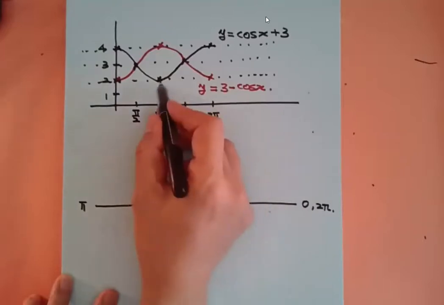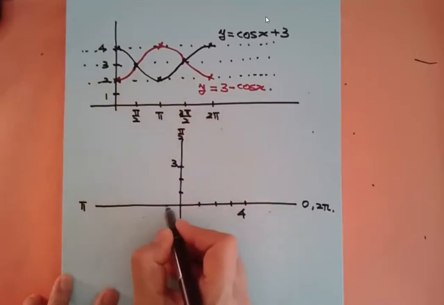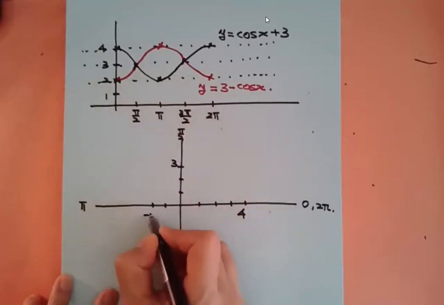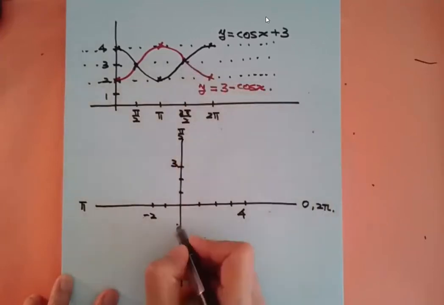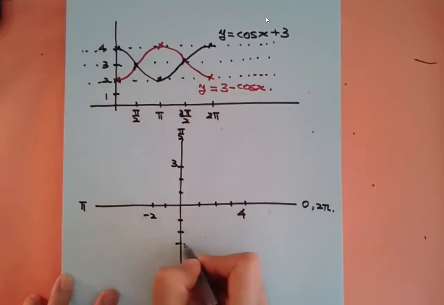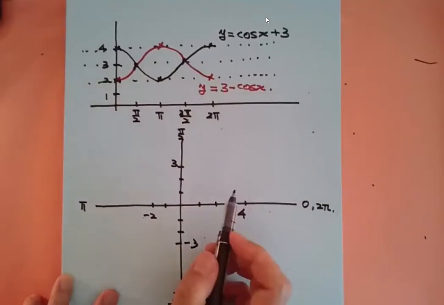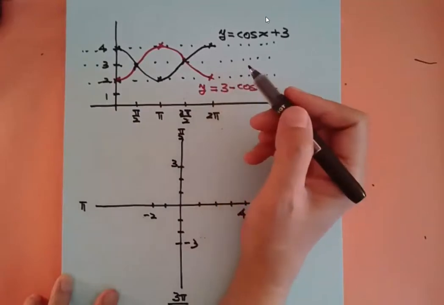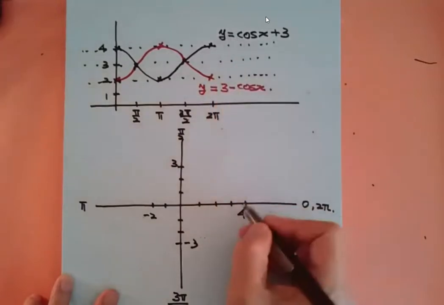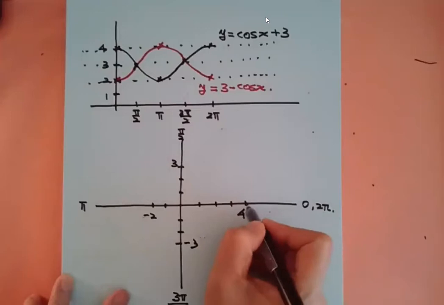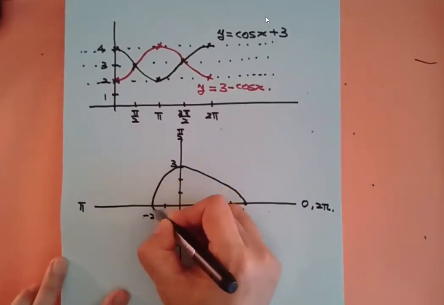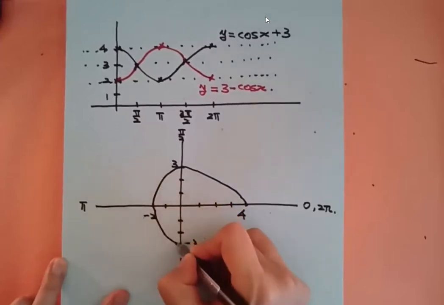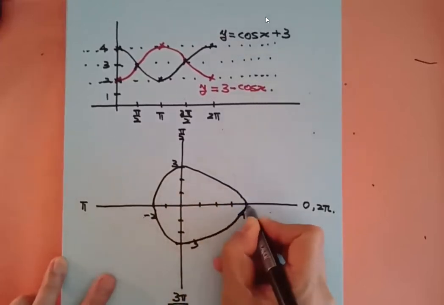When it becomes pi, the distance becomes 2. And when the angle is 3 pi over 2, the distance is 3. So it should pass minus 3. And then when it becomes 2 pi, it becomes 4 again. So the graph will roughly look like this.